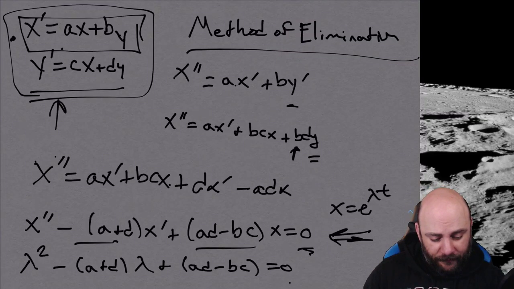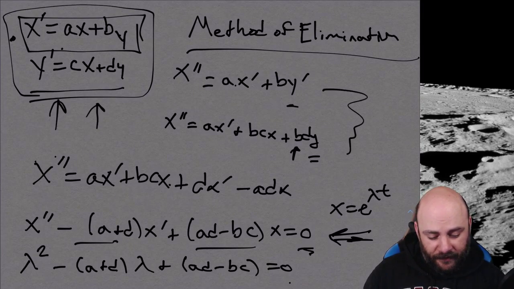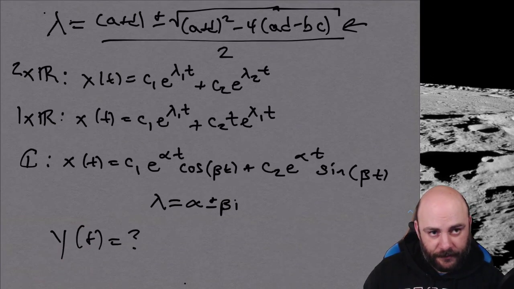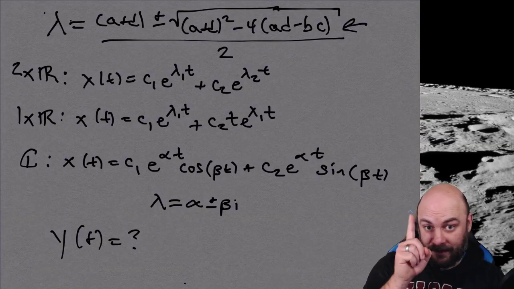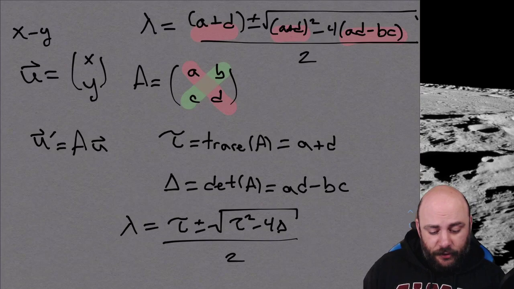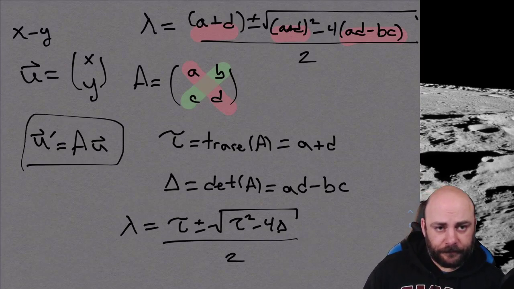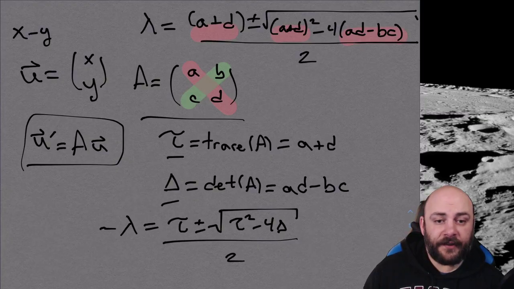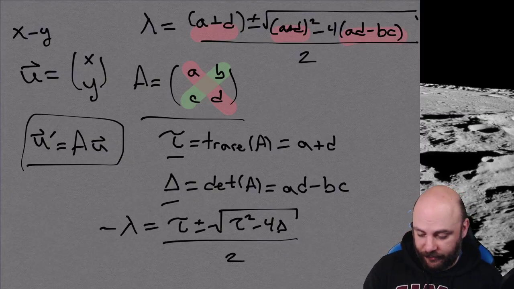We had to take our system, use the method of elimination to write down a second order equation, write down the characteristic polynomial, then find the roots of the characteristic polynomial. That's how we had to find lambda. So now, as a nice little shortcut, write it in vector form, and when you have your coefficient matrix, you compute its trace and its determinant, and then la-di-da, they're your eigenvalues. Okay, those are your lambdas there.